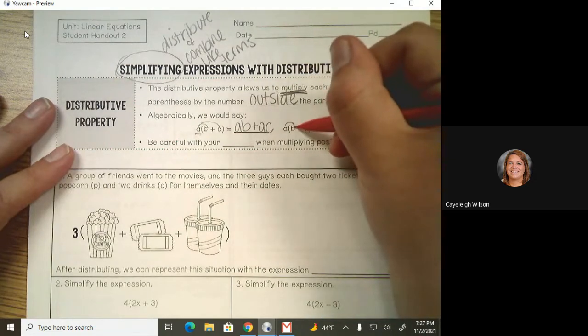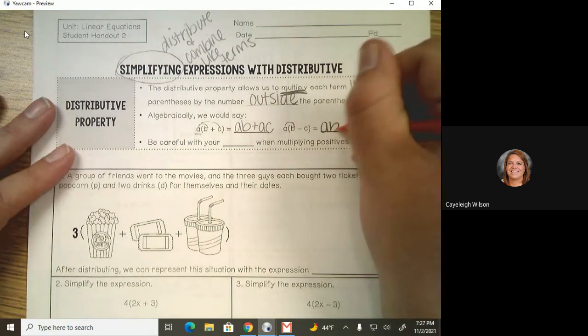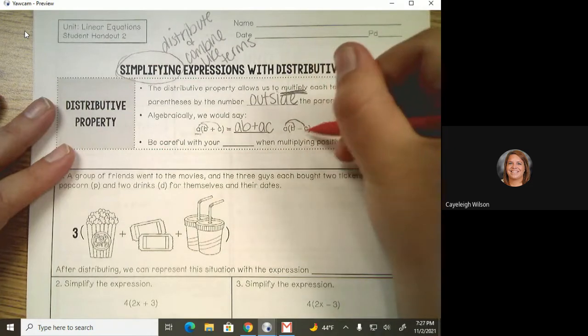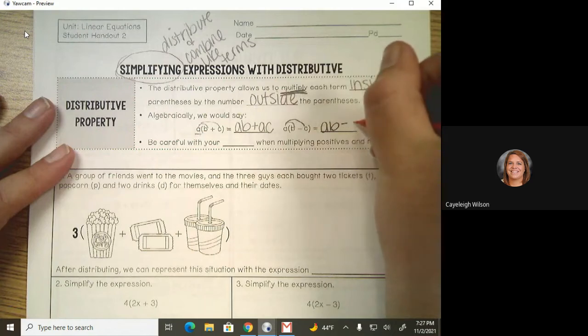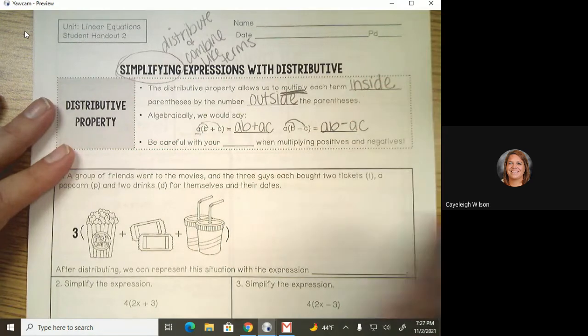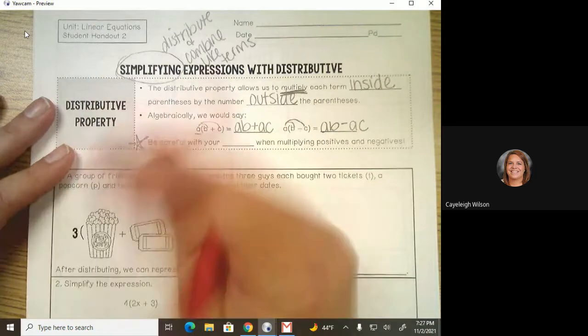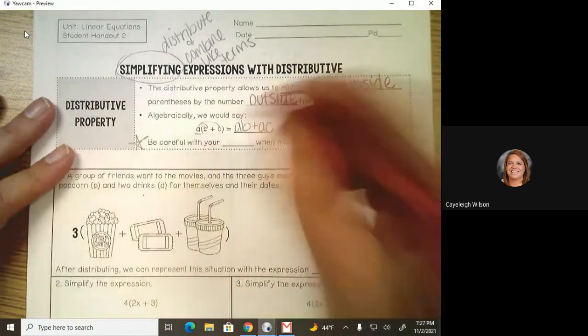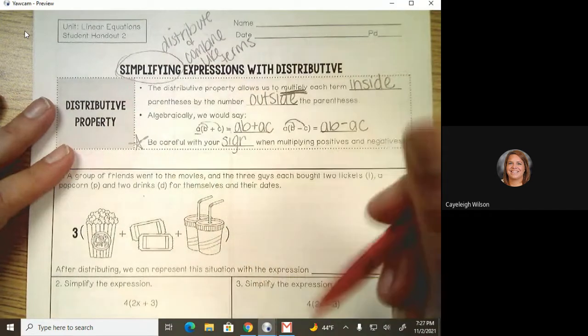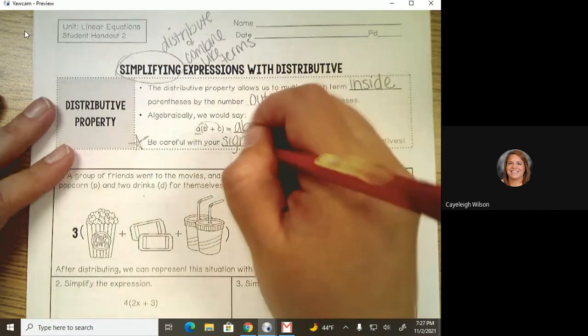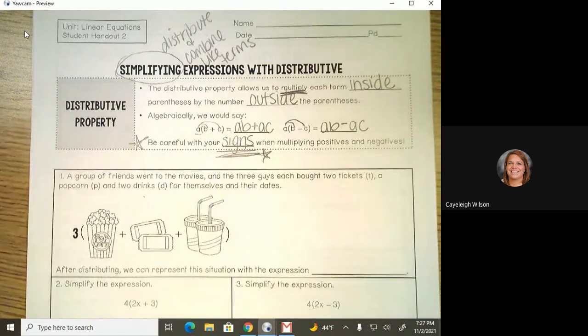This one, A times B is AB, and this is A times negative C, and a positive times a negative makes a negative AC, which brings us to the next point. You've got to be careful with your signs. The signs are the biggest thing. This pencil is awful. When I'm saying signs, I'm talking about positive and negative signs.